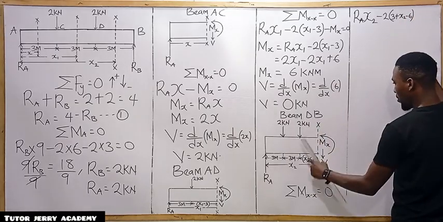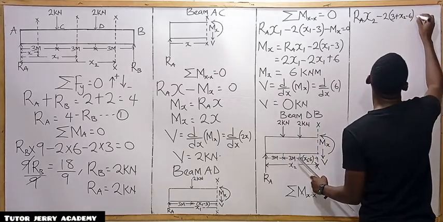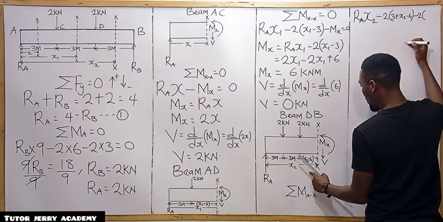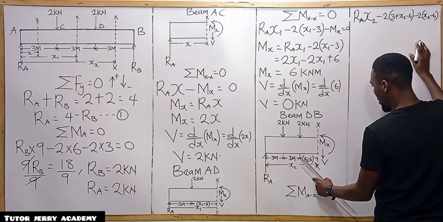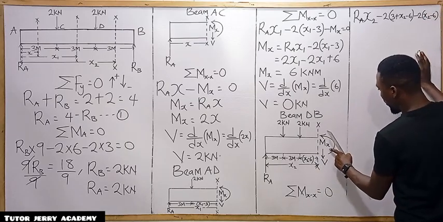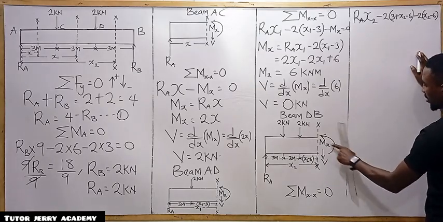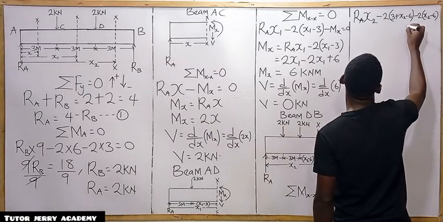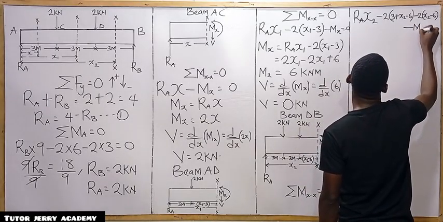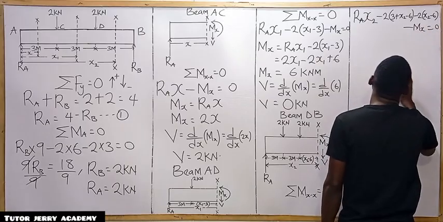Then this one here is going to be minus 2 multiplied by S2 minus 6. Then if you consider this moment here, it's always going the same direction with the downward force, so it's going to be minus M subscript S, everything equals to 0.